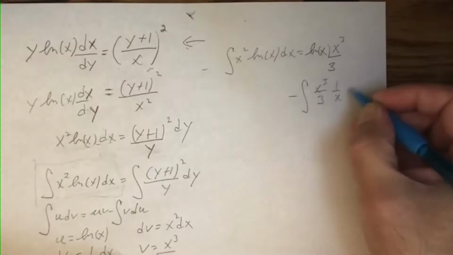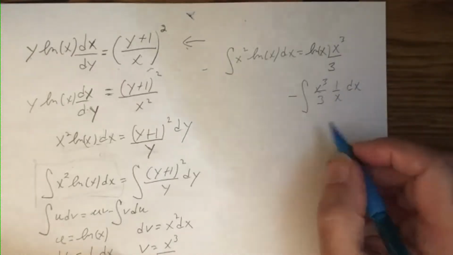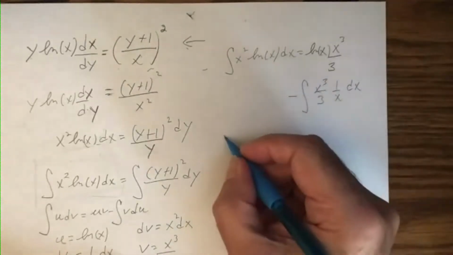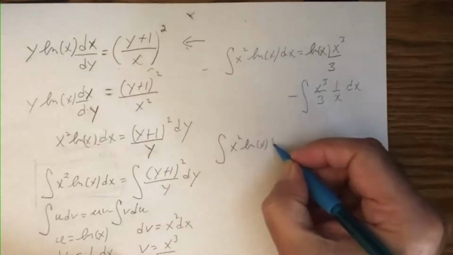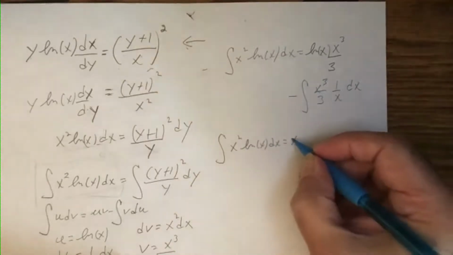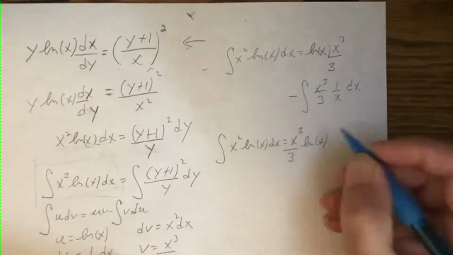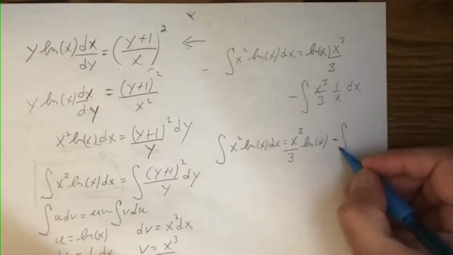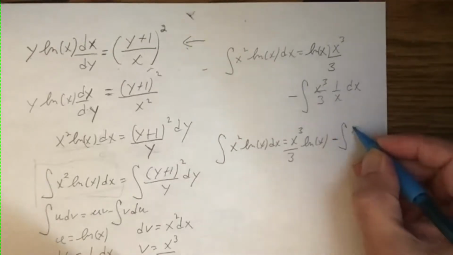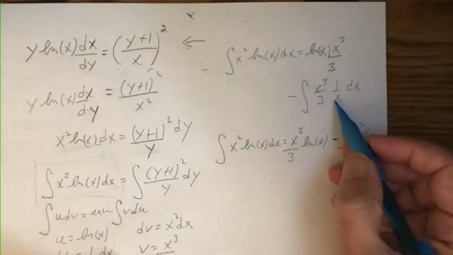So this is 1 over x. So this integral turns out to be, well, let me rewrite this. X cubed over 3 times the natural log of x, minus the integral of x squared over 3 dx, right? Because I got this x on the bottom.